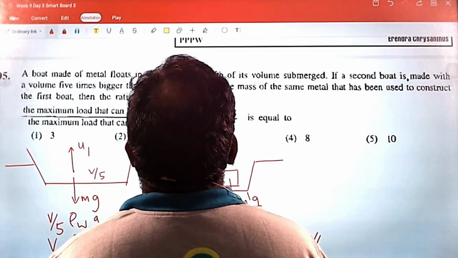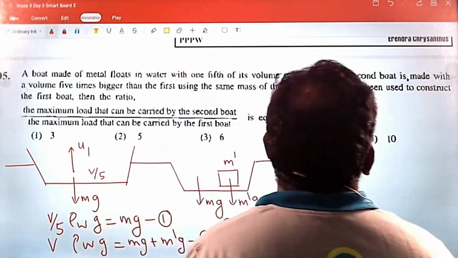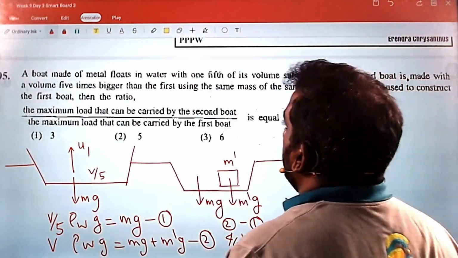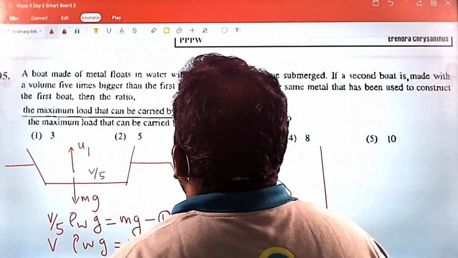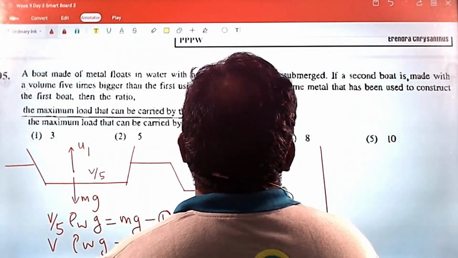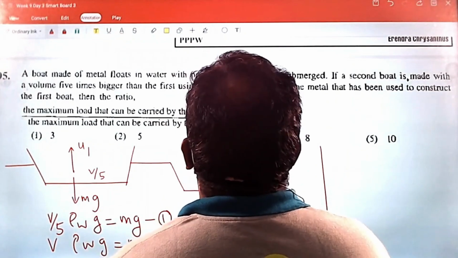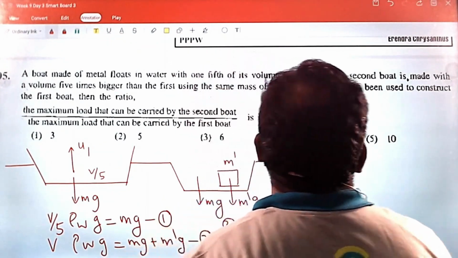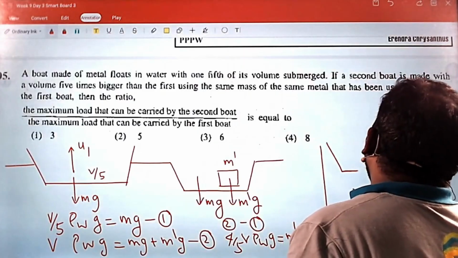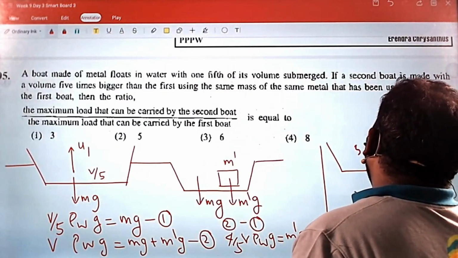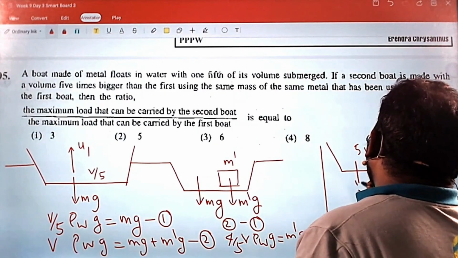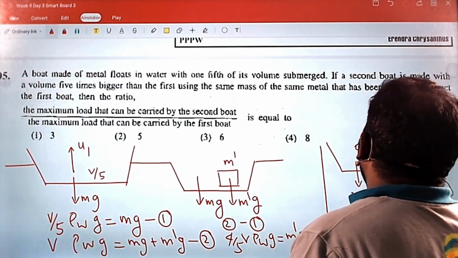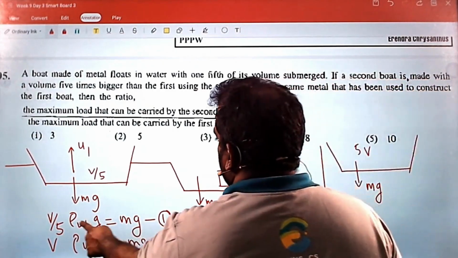Now they are saying five times the volume, same mass. Same mass means what's your submerged volume? Submerged volume should be same.